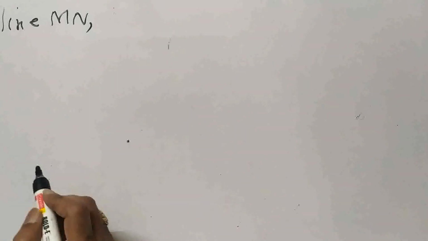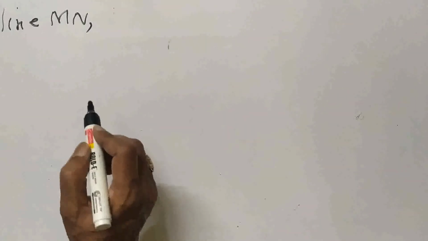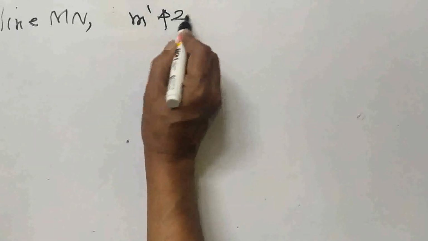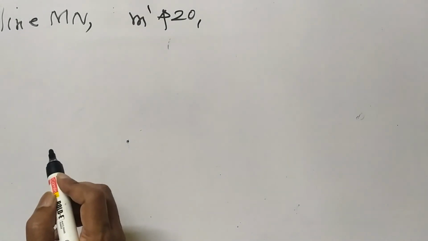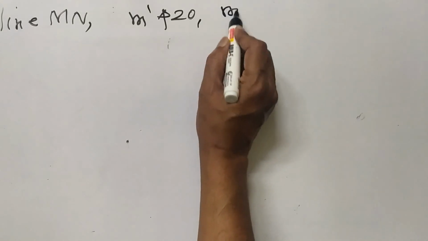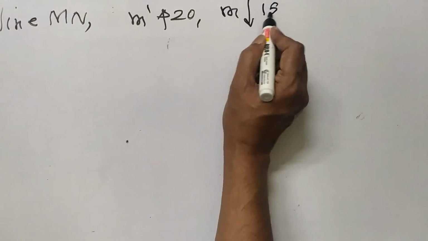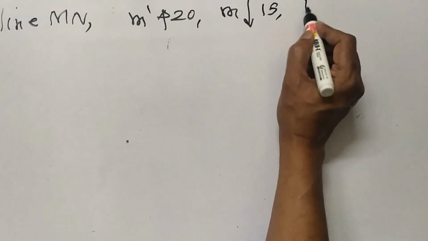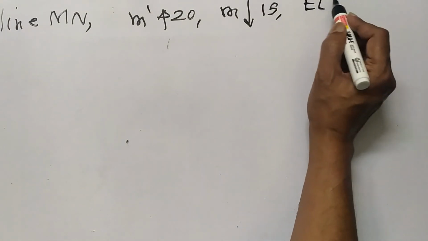It is given in the problem that line MN has a point M 20 mm above HP, so M dash is 20 mm, and 50 mm in front of VP, so M is 50 in front of VP.